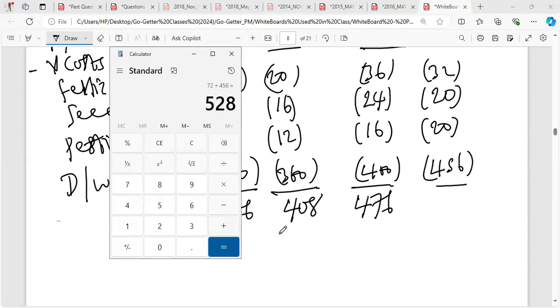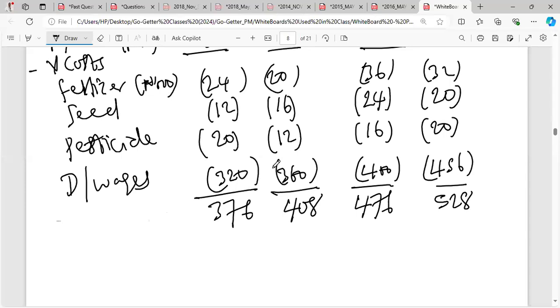And that gives me 528. So what I will do now, I will need to clean the bracket that I used in each of them.